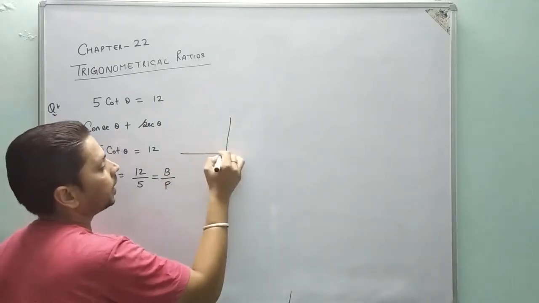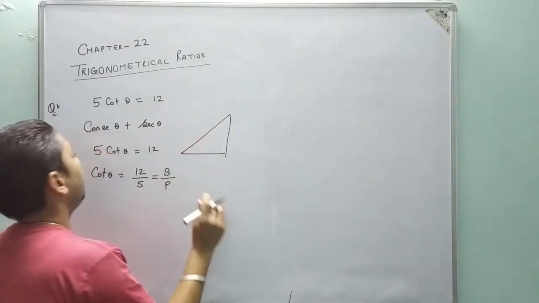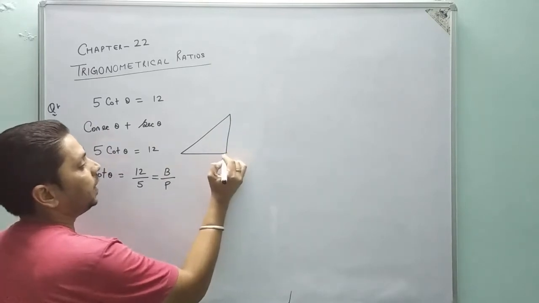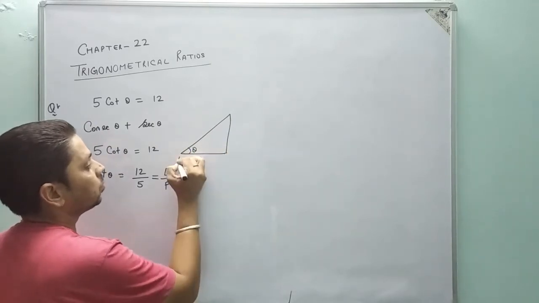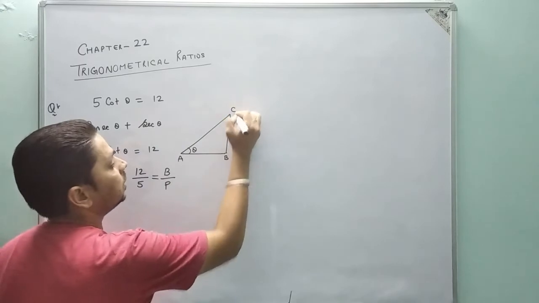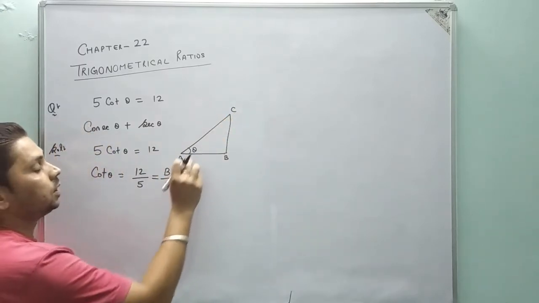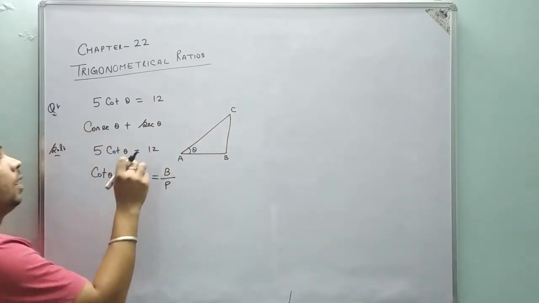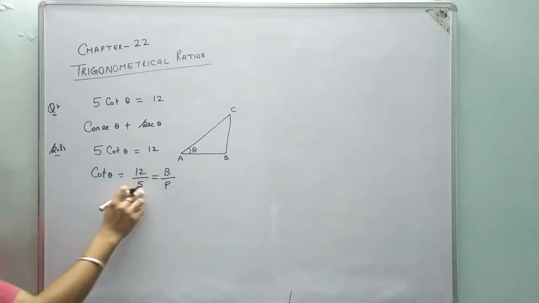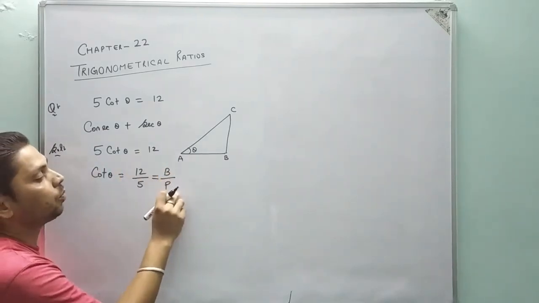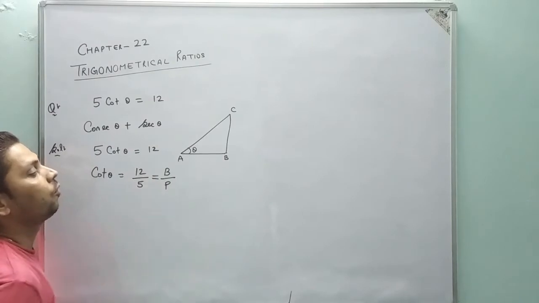Now again draw a right angle triangle with base angle as theta. So ABC. This angle is theta, and the ratio of base to perpendicular is 12:5.